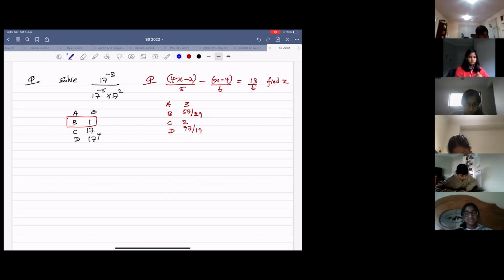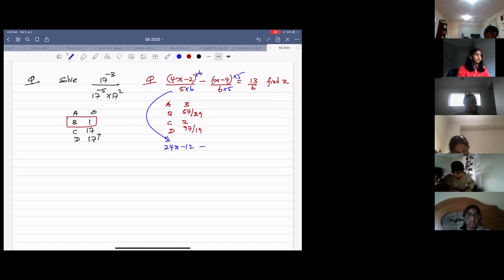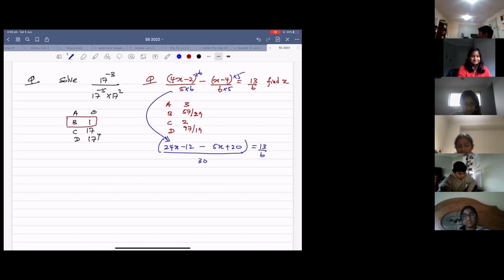I can see now, two fractions, not multiplication, addition, subtraction. Definitely you have to go for the common denominator. So you multiply this by 6, multiply this by 5, right? So this is how you do it quickly. So then you do 24x minus 12 minus 5x plus 20, divided by 30. No hanky-panky, it's just straightforward. 13 divided by 6. Bracket simplification, minus, plus, minus, plus, minus.